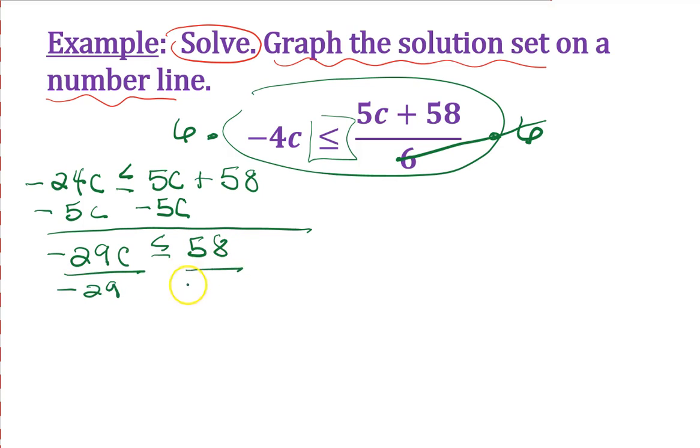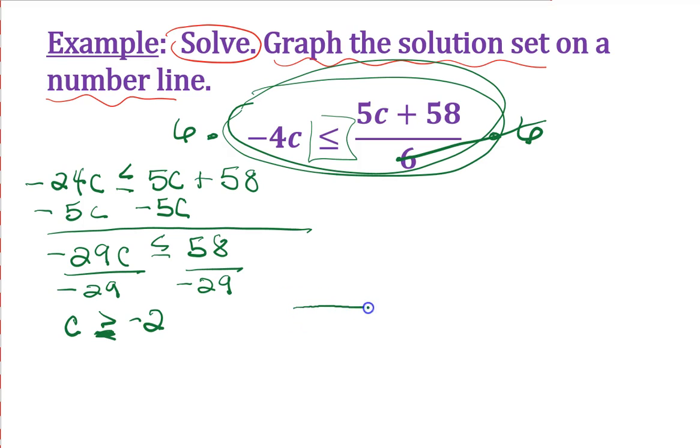So this is a point where we need to be aware of the fact that we divided by a negative. This leaves us with c is greater than or equal to negative 2. So that tells us that any value from negative 2, including negative 2 because of this equal bar here, can satisfy our original inequality.